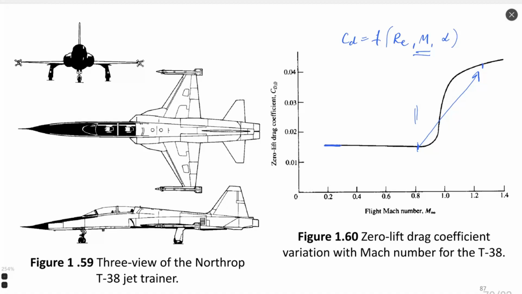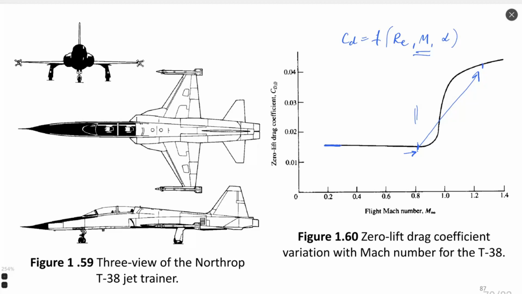Okay, from Mach 0 to Mach 0.3 it is constant, and even if we go further inside compressible flow until the transonic region, we see that this drag coefficient continues to be constant. So this is important for our understanding, because I had many such questions.